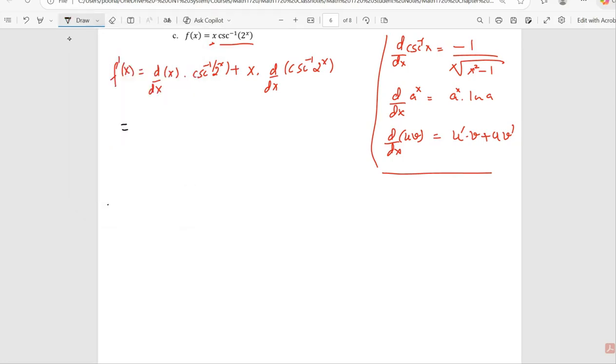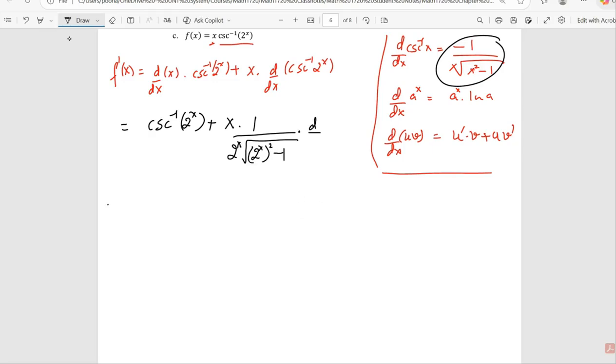The derivative of x is 1, so we do not even need to write this. This is just cosecant inverse of 2x. Then x times the derivative of cosecant inverse, we're going to use this formula: 1 by 2 to the power x times square root of 2 to the power x squared minus 1, times the derivative of the inside by the chain rule.